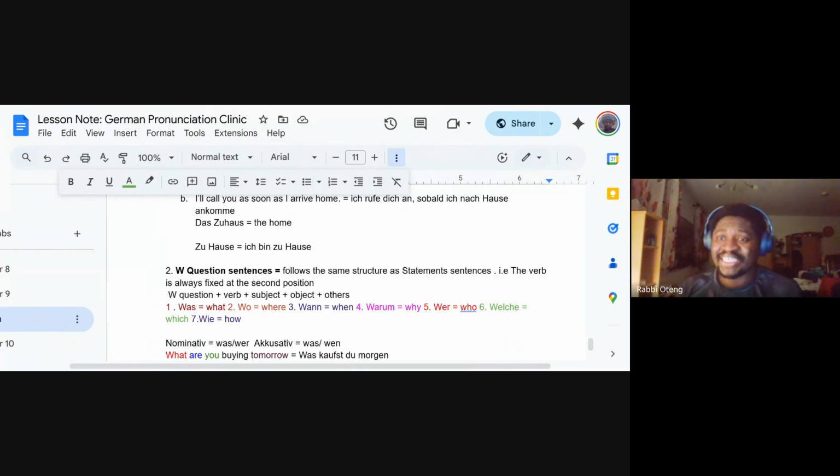Our rule states that under accusative, masculine changes from der to den. So welchen Mann, because I am seeing the man. If you're asking me which man do I see, I am performing the action of seeing. So I am seeing something, or I'm seeing who.